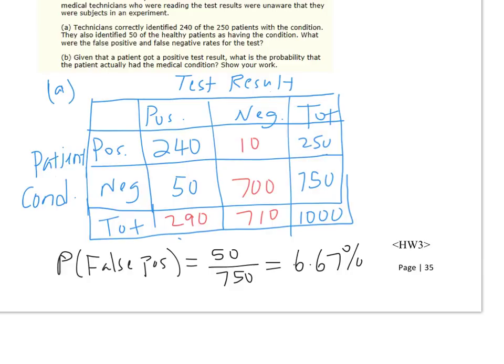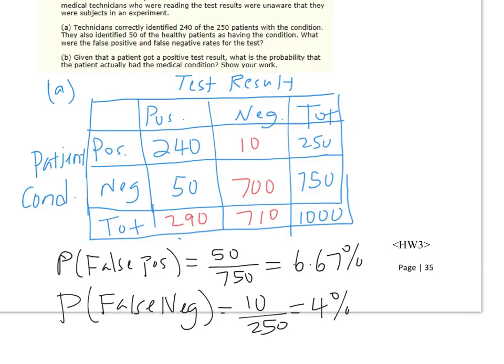The false negative rate is those 10 patients who do have this condition, who came up as a negative test. So the false negative rate is 10 out of 250, or 4%.